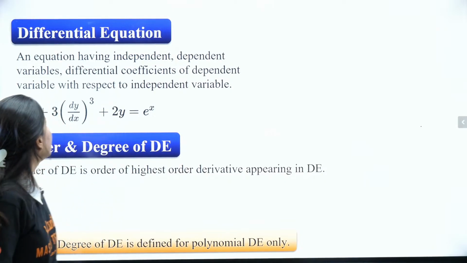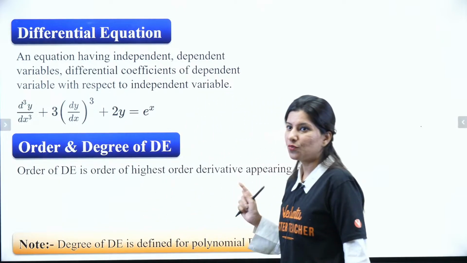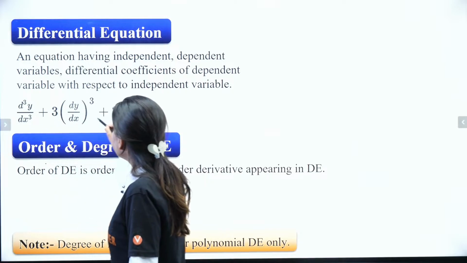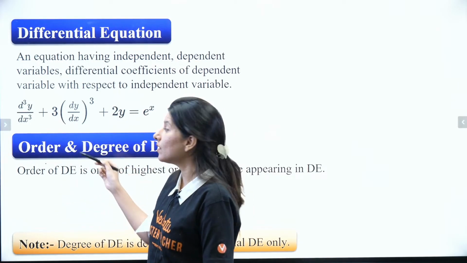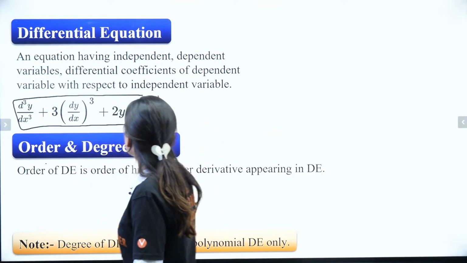Okay. All right. So over here, first of all, let's understand what is your differential equation, what is order, what is degree. So can you see that this is of the type of a polynomial? This is looking like a polynomial in your differential equation, right? The format I'm talking about.